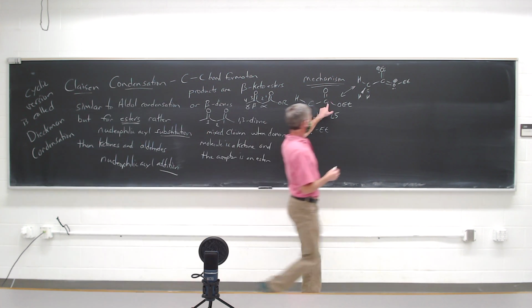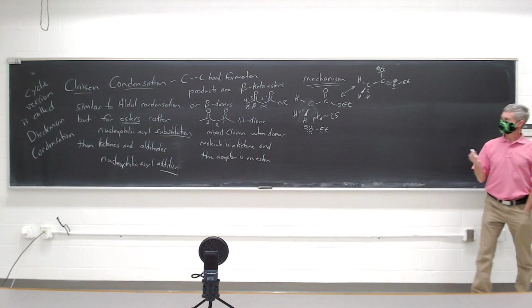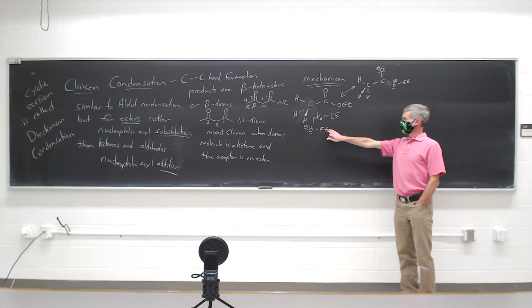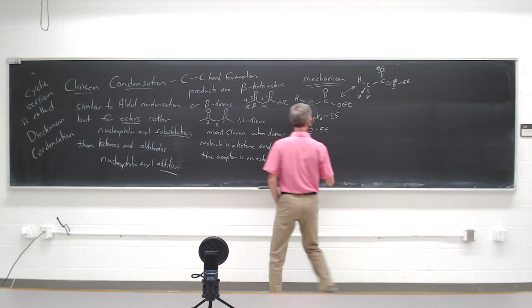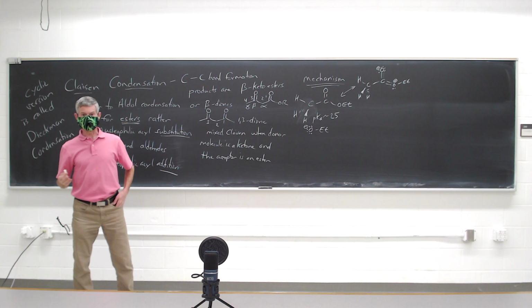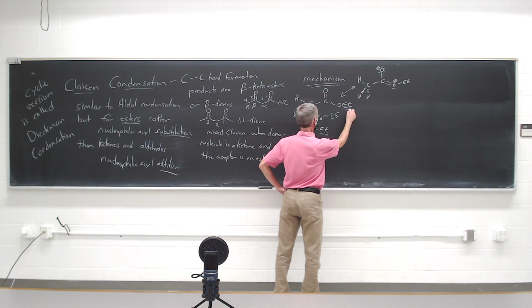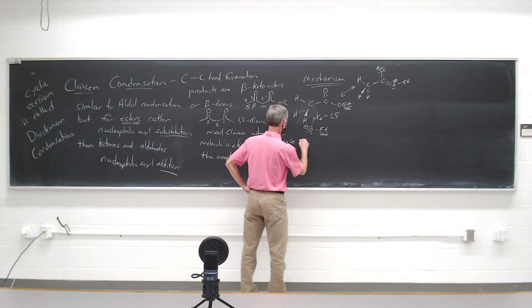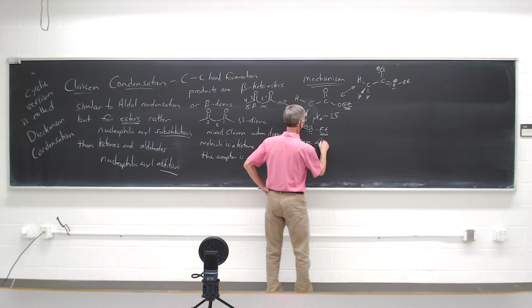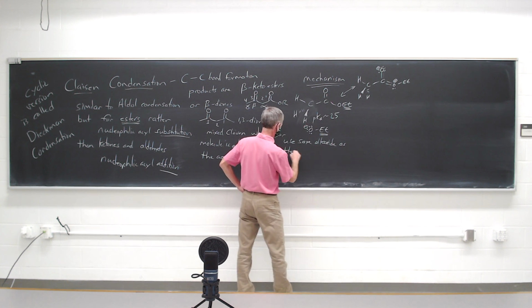So we don't want to hydrolyze the ester. We also don't want to change the ester. And if we used some other base here, rather than the conjugate base that's associated with that ester, we can get transesterification. So by using the same group here and here, we avoid transesterification.